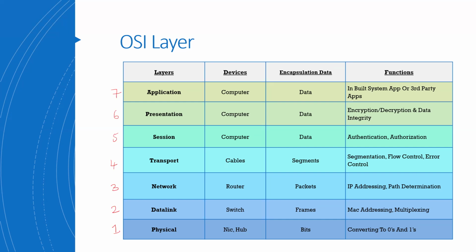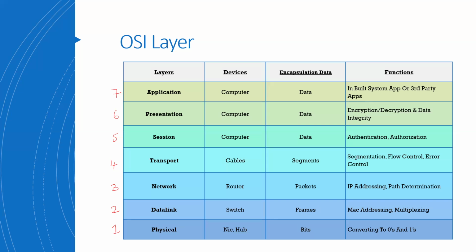It deals with the physical connection between devices and the transmission of electrical signals. Examples of physical layer devices are the NIC, network interface card, or a hub. The encapsulation of data happens in bits in the physical layer.